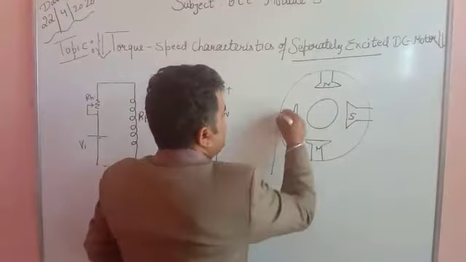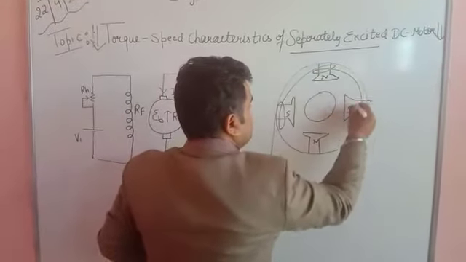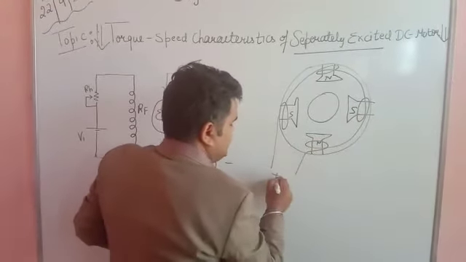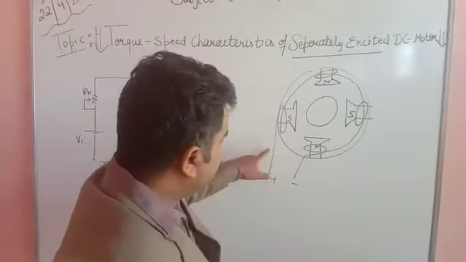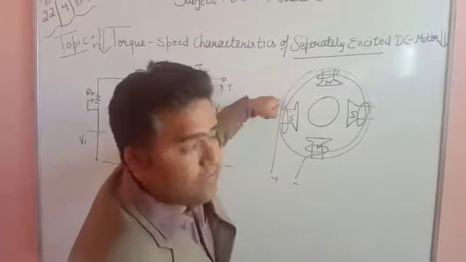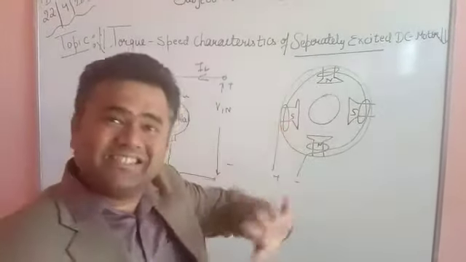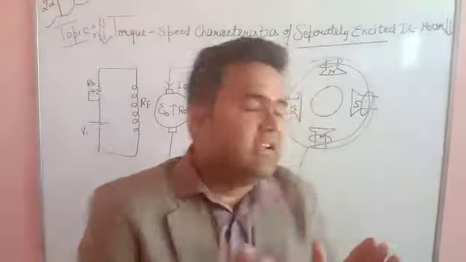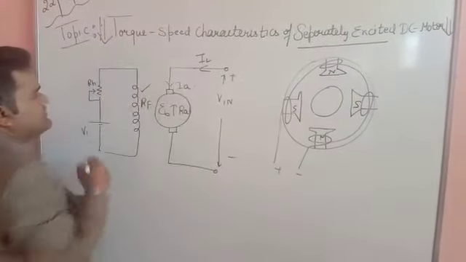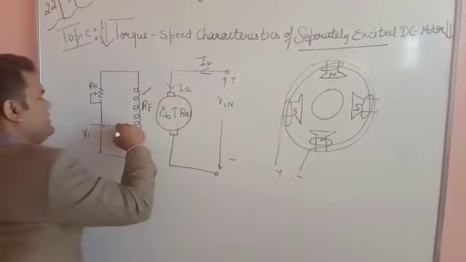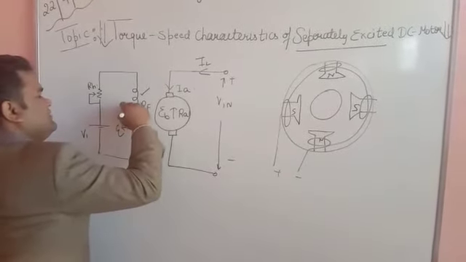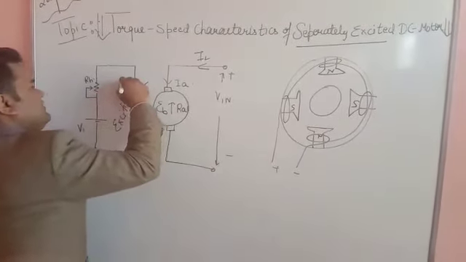This is the exciting coil, separately. This is the wire I have rolled on all the poles. This is the exciting coil. You understand?